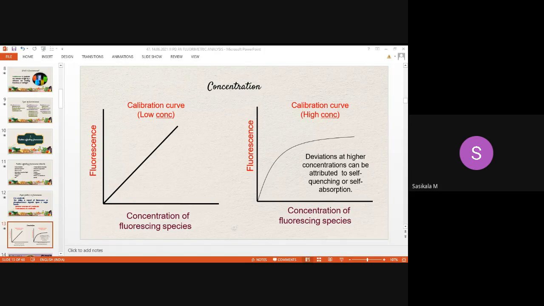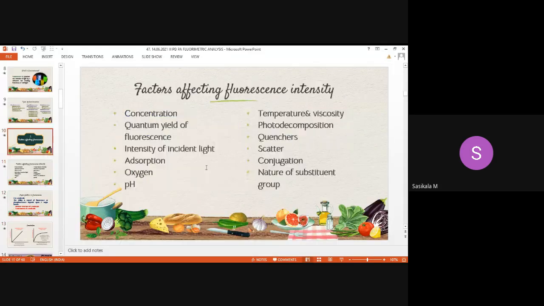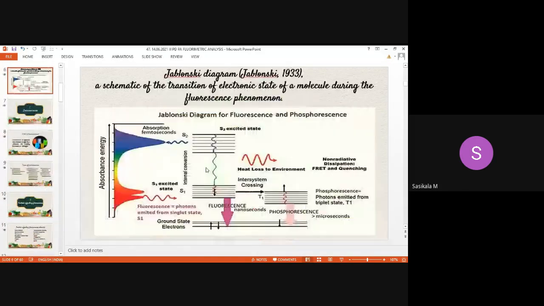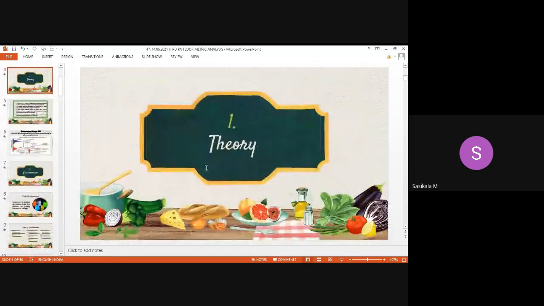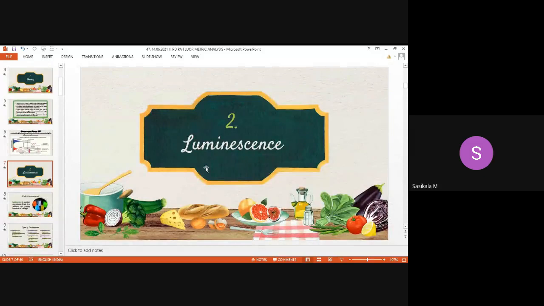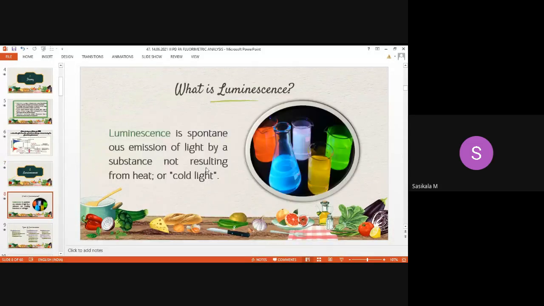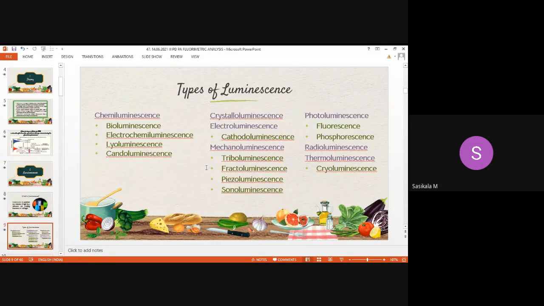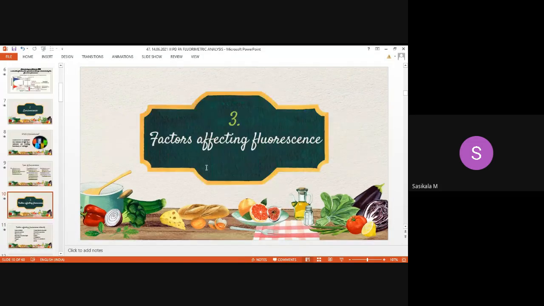So with this one factor, I'm stopping today's class. In the next class, we will discuss in brief the remaining factors and remaining topics under fluorimetry. Hope you have understood what is fluorescence, the theory of fluorescence, what is the Jablonski diagram for fluorescence and phosphorescence, then what is luminescence, what are the types of luminescence, and where fluorescence and phosphorescence come under types of luminescence.